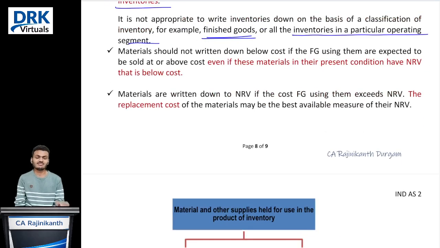After comparison, if our NRV is lower than cost, we should measure our inventories at NRV. Whatever the difference between cost and NRV, you charge to the profit and loss account. That is what the standard is saying.